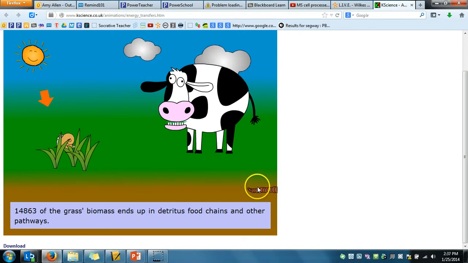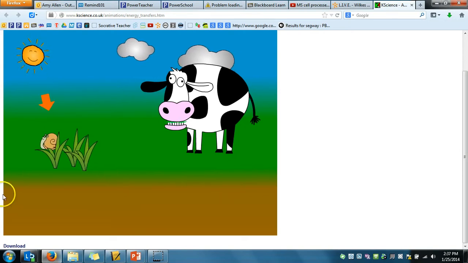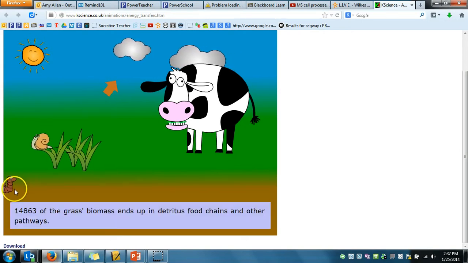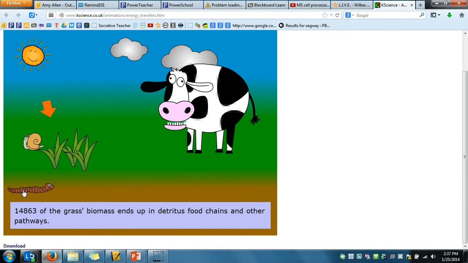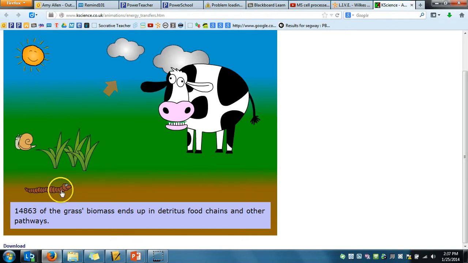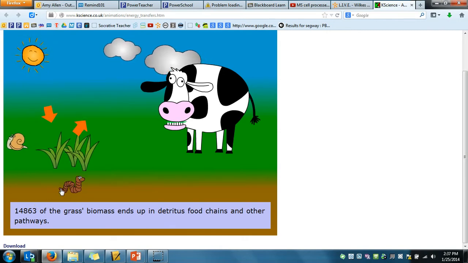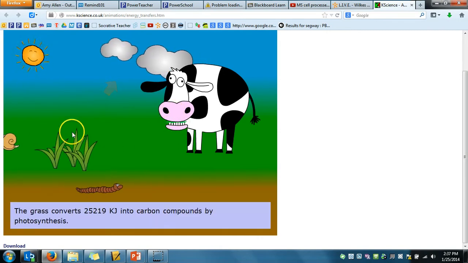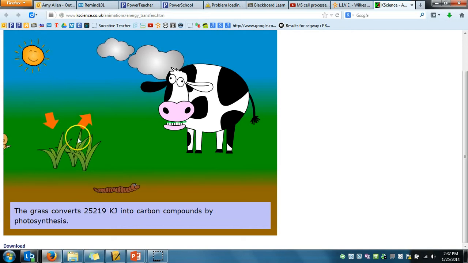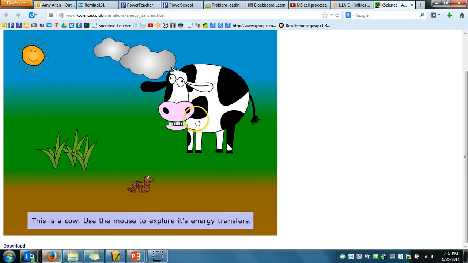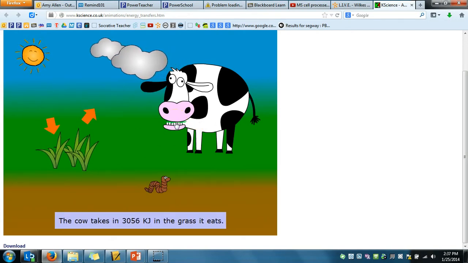And the worm is an organism that works at the end of a food chain. It's what eats up biomass or things left over by other things. Alright, so we know that the sun's energy gets converted into something by the plants, and then you can see here that the cow is eating the plants.